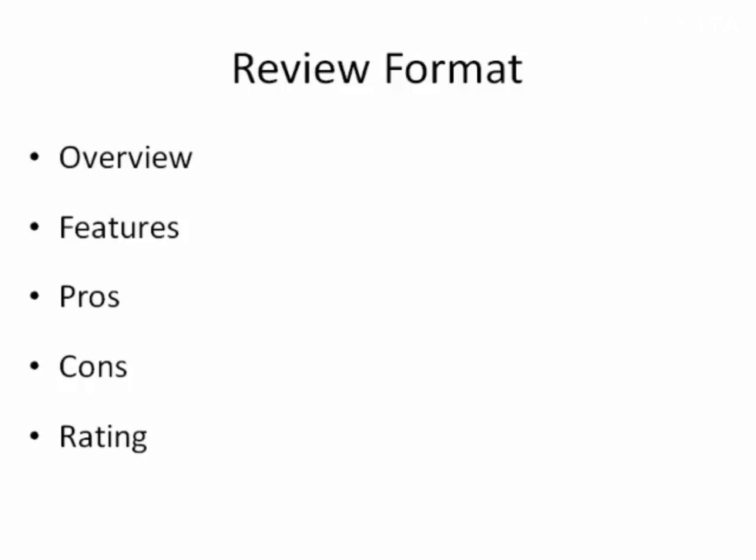So you can review products that you don't like. It just makes for a nice, honest, and non-biased looking site. So that's the format I use: an overview, then I list the features, and I go into the pros and cons, and then I give a rating. You don't have to follow that. That's just the overview that works well for me and kind of what I use.